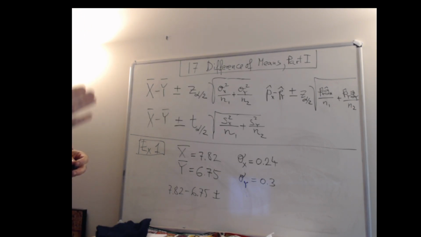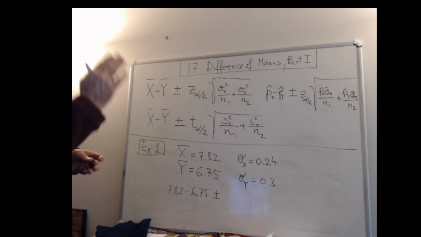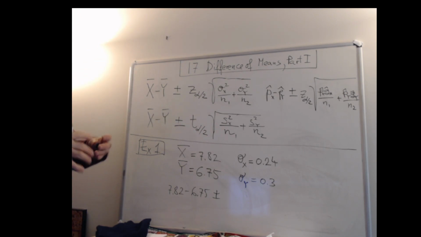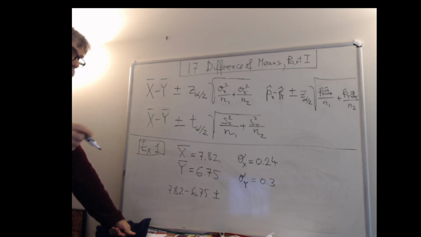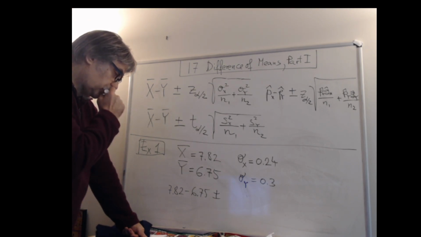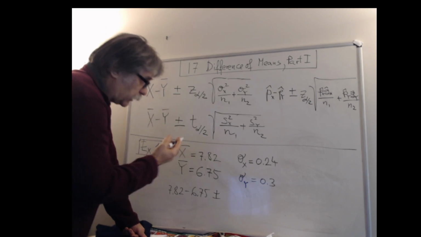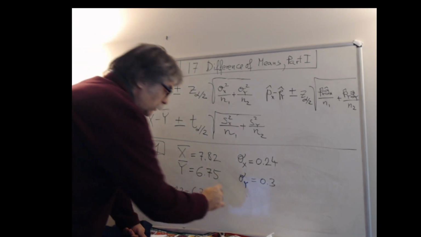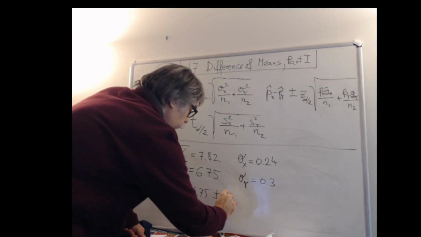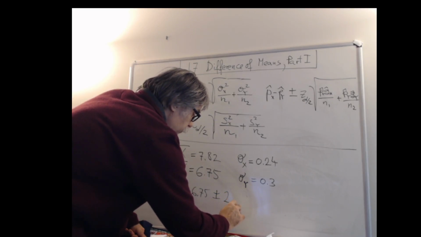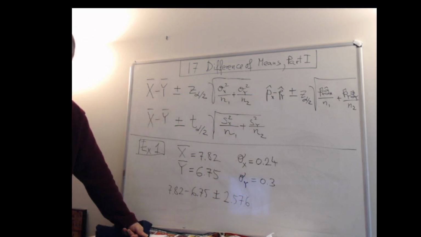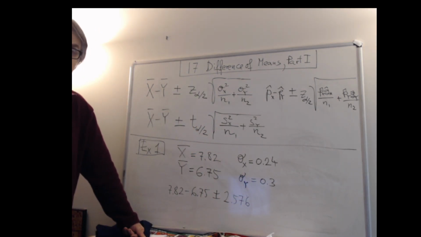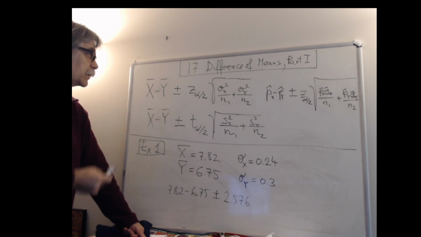Let's use 99% confidence, so we get a 99% confidence interval. You remember the critical value for 99% confidence was 2.576, right? I hope you remember that. If not, take a look at the t-tables. That's on the bottom of the t-tables.